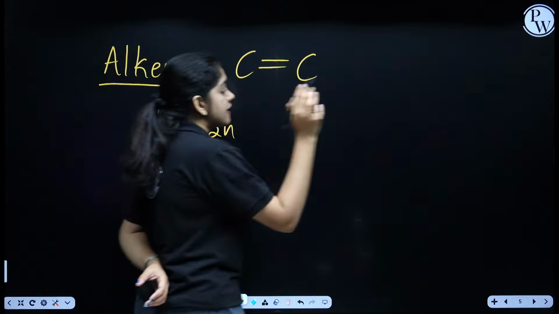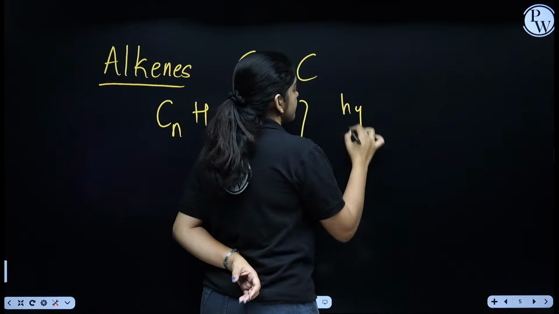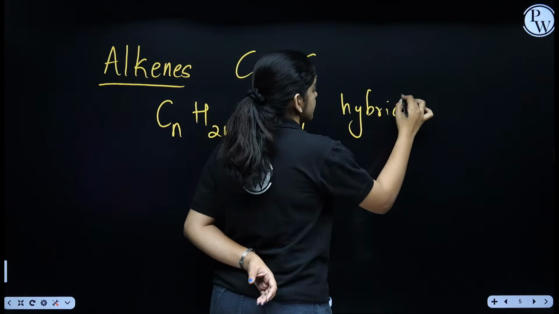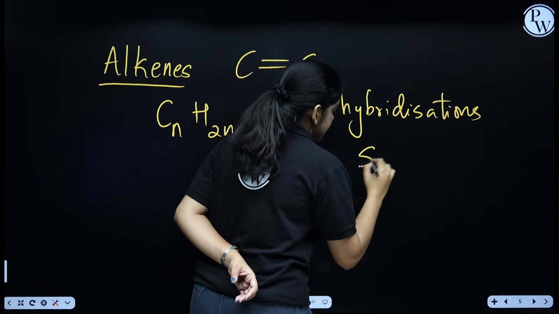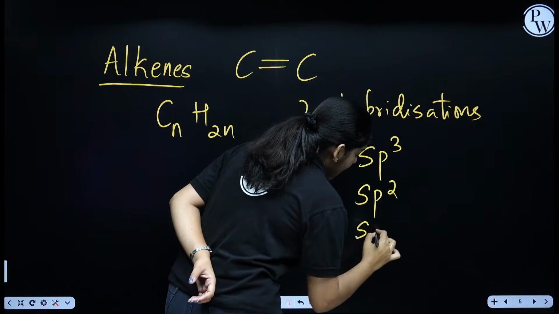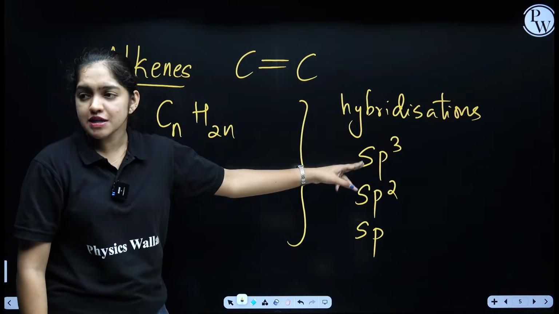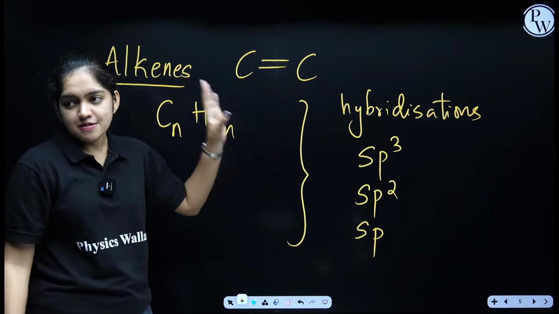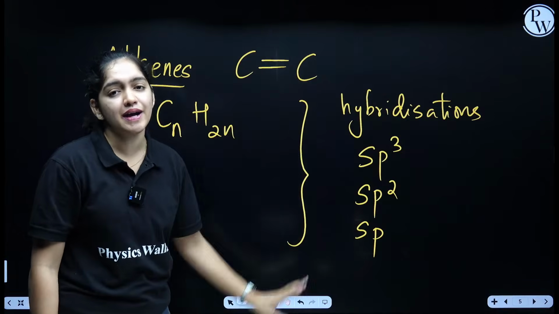Hybridization means there are 3 types of hybridization. We should know main 3, that is. What are the main 3 hybridizations? SP3, SP2 and SP hybridizations are there. SP3 hybridization means what? Yes, very good. SP2 is hybridization in the alkene. And what is meant by SP3 hybridization?